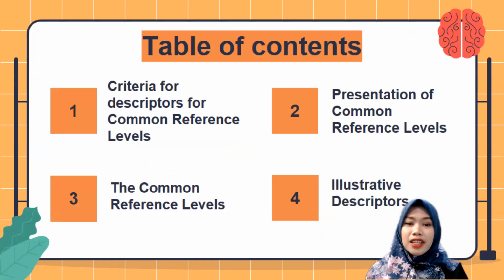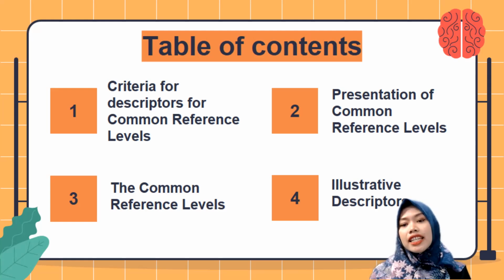All right, today we have many subchapters. There are nine. The first one is criteria for descriptors for common reference levels. The second is presentation of common reference levels. The third is the common reference levels. And the fourth, illustrative descriptors.